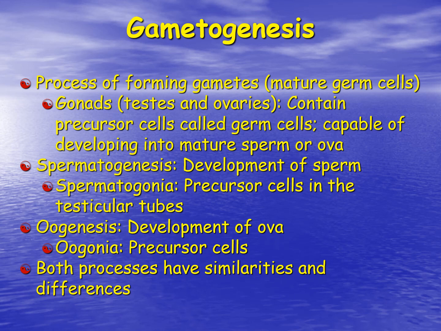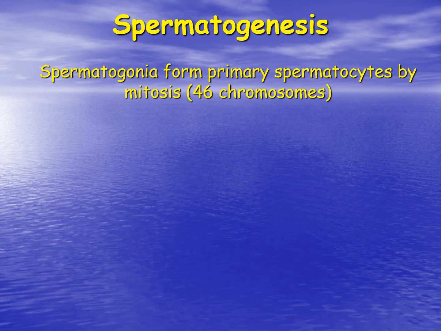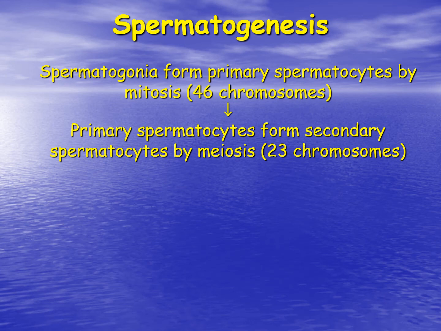Both processes have some similarities and differences. In spermatogenesis, the spermatogonia form primary spermatocytes by mitosis, and so these are the 46 or 2N cells. They will then undergo meiosis, where the primary spermatocytes form secondary spermatocytes, and each will have 23 chromosomes.